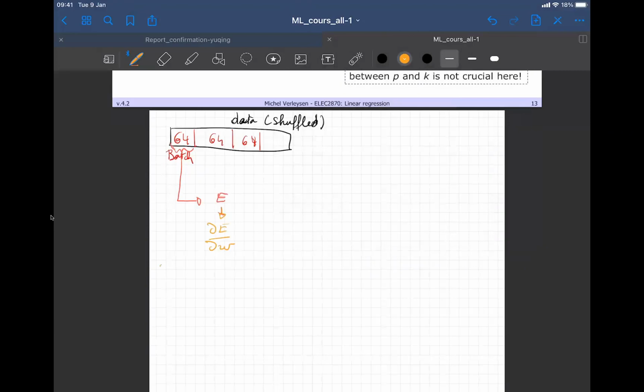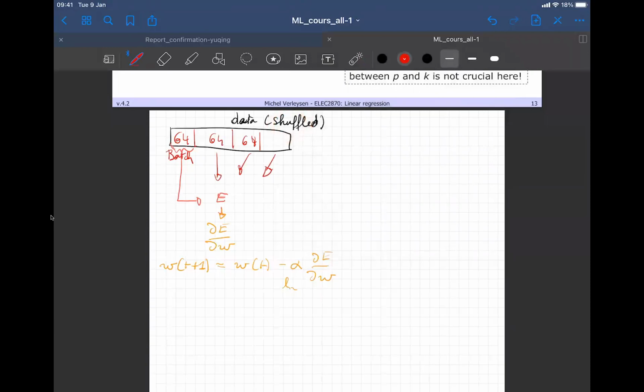And then you say, okay, I update my weights such that at the next time step, my weights are what I have now minus my learning rate times the derivative I just computed. And you repeat this for each single batch. So it's totally random, the order, because you have shuffled the data.